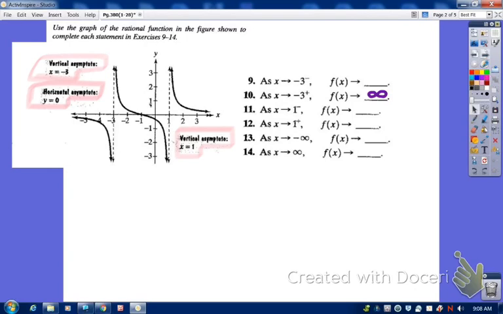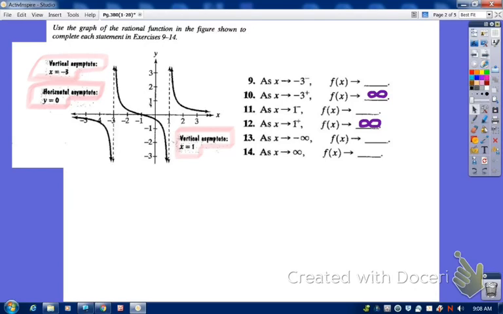Let's look at number 12. 12 says, as x approaches 1 from the right, this is the piece of the graph that we're talking about. What is f of x approaching? Positive infinity. It's not going to always be positive infinity, but those two are.